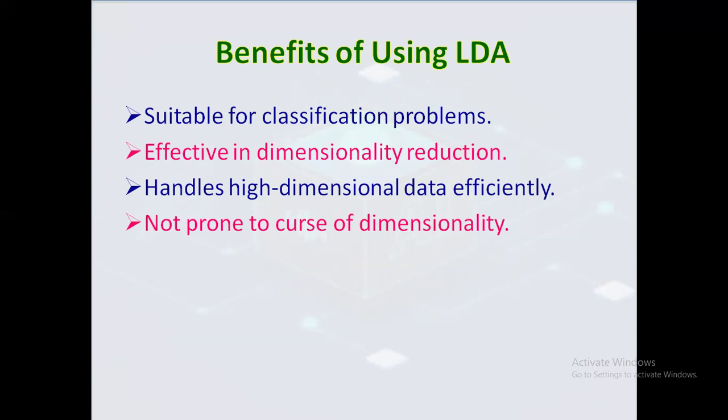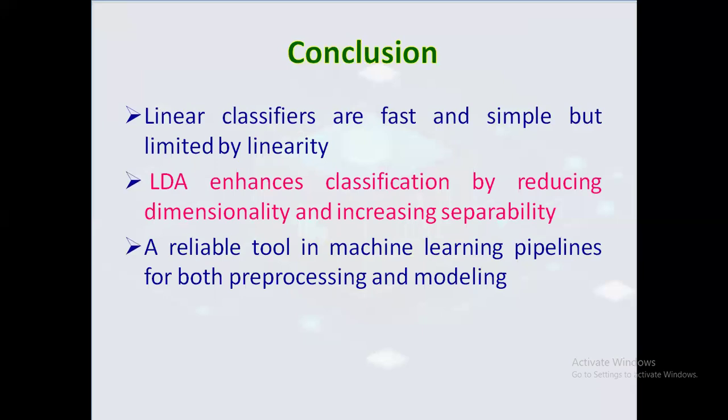And coming to the conclusion, linear classifiers are efficient and interpretable models for classification, especially when data is linearly separable. However, this simplicity can be a limitation in handling complex data sets with nonlinear boundaries.